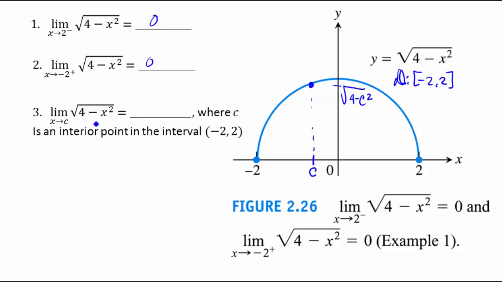So if we take the limit as x approaches c coming from the left and from the right, they both are equal to the square root of 4 minus c squared. So for this example, the function y equal to the square root of 4 minus x squared has a limit at every interior point and one-sided limits at both endpoints.